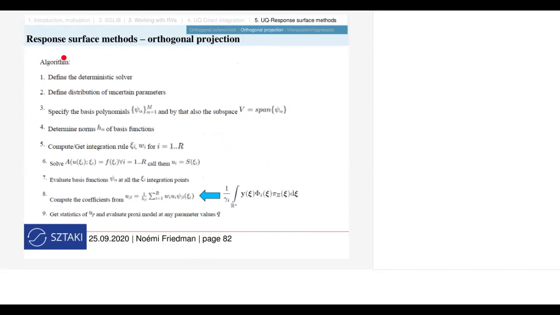These are the steps I have to do. And you see that the coefficient is computed from an approximation which comes from an integration rule.